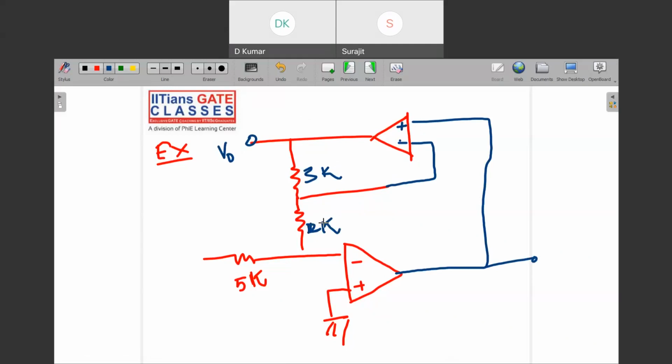Let me erase this and write down properly. This is 2K, and the input here is given as plus 5 volt. So can you help me to get V naught? The op amp is ideal.